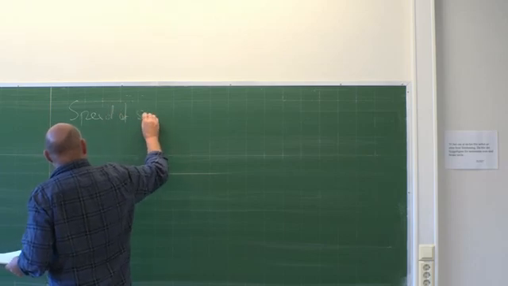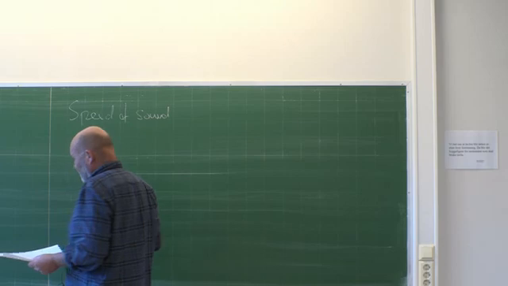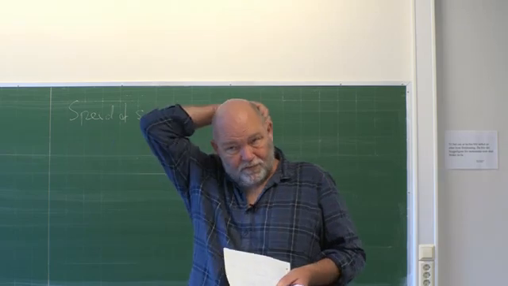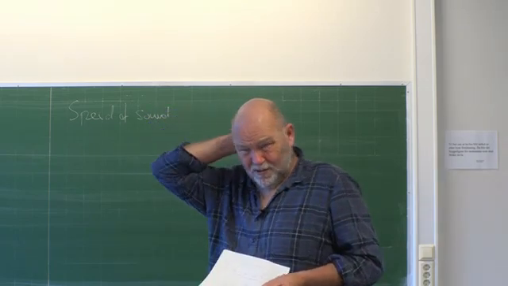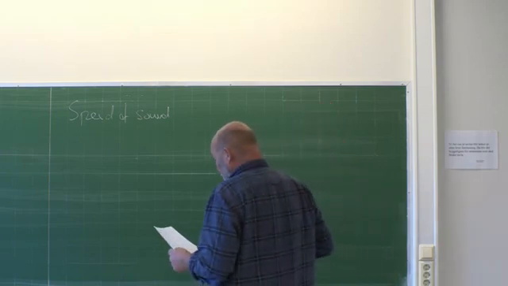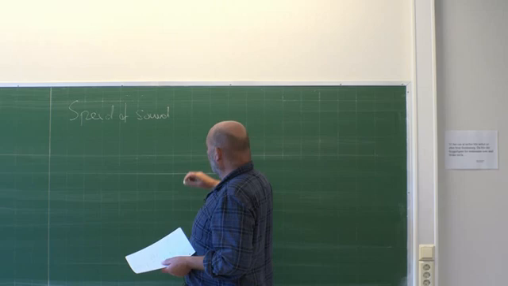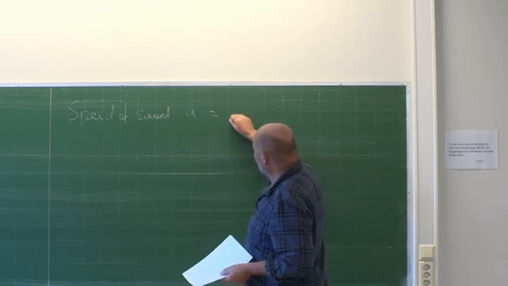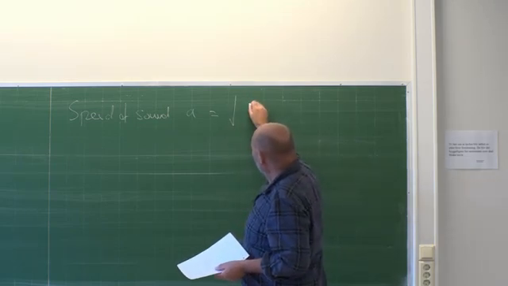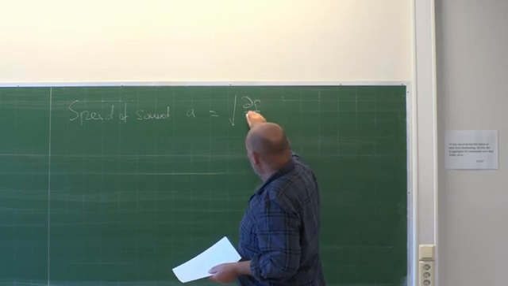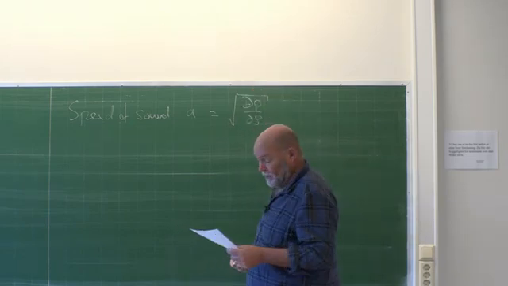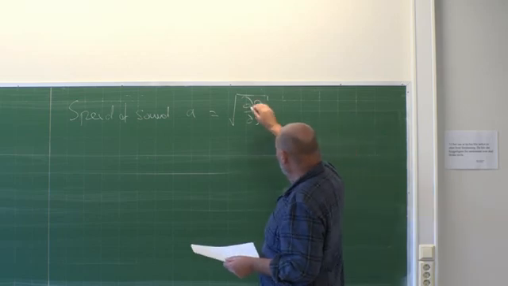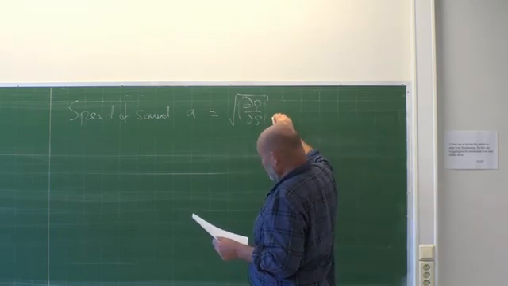Speed of sound. Well, you can actually find the acoustic wave equation fairly easy. And I'm not sure if you've seen this one before, but then you'll find the speed of sound a should be equal to the square root of the change of the pressure versus the change of density, and here it will be at a constant entropy.